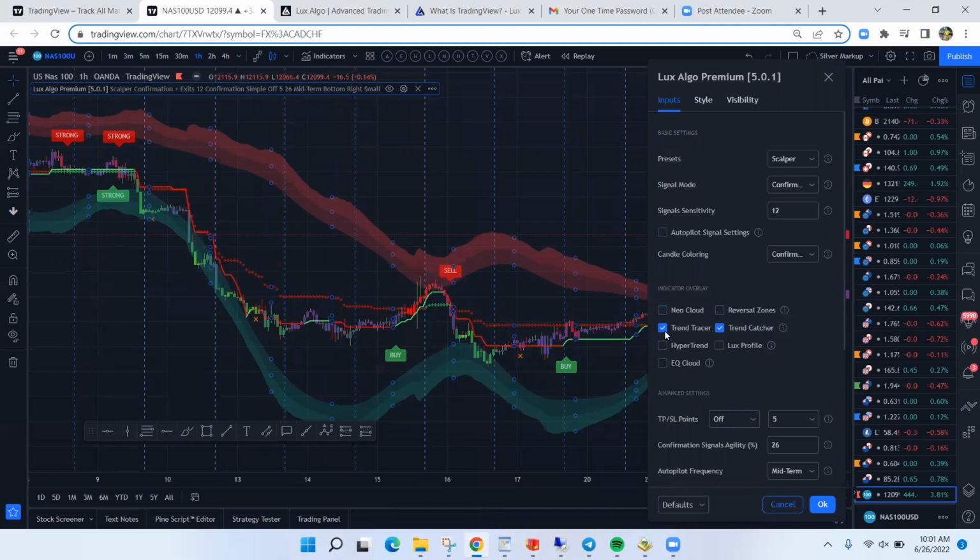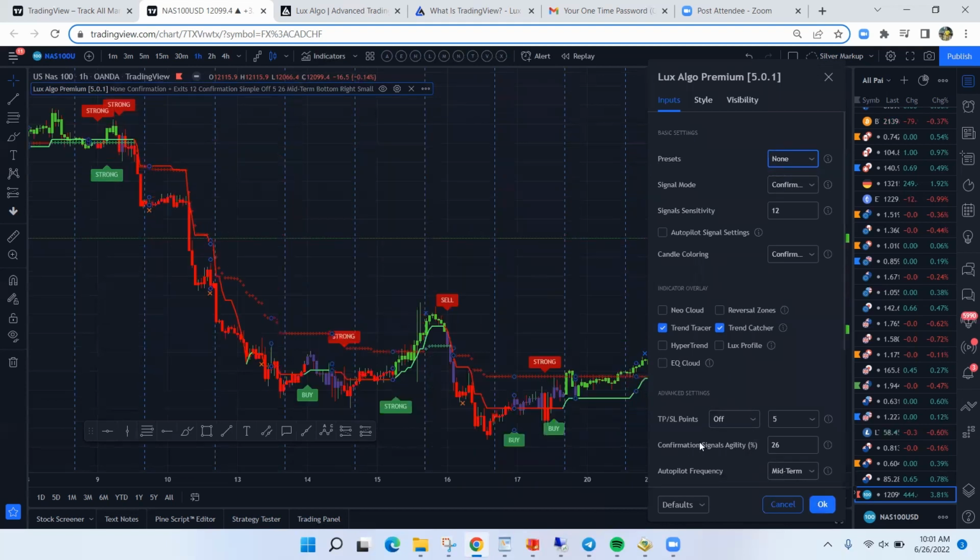So one thing that I use myself is I like to use the trend tracer and the trend catcher. Just gives me a nice idea of momentum in the markets. So let me switch it, and then let me switch it back to no presets. That way we do that.